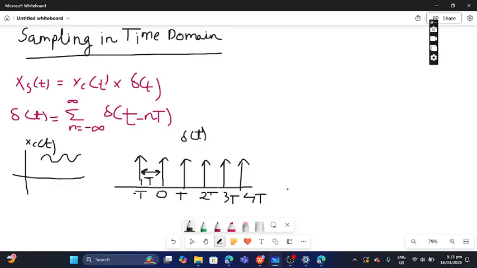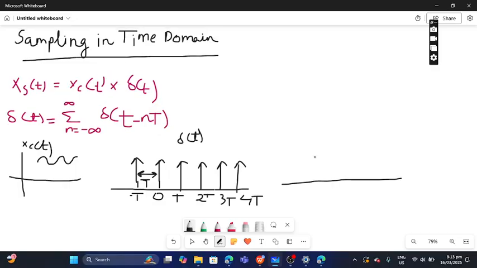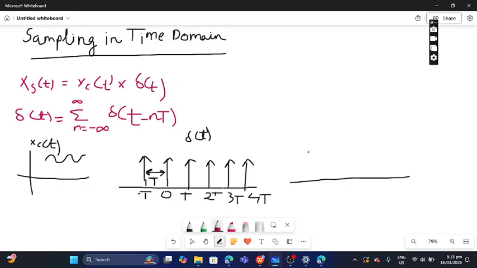Now when this, you have to make a red signal.